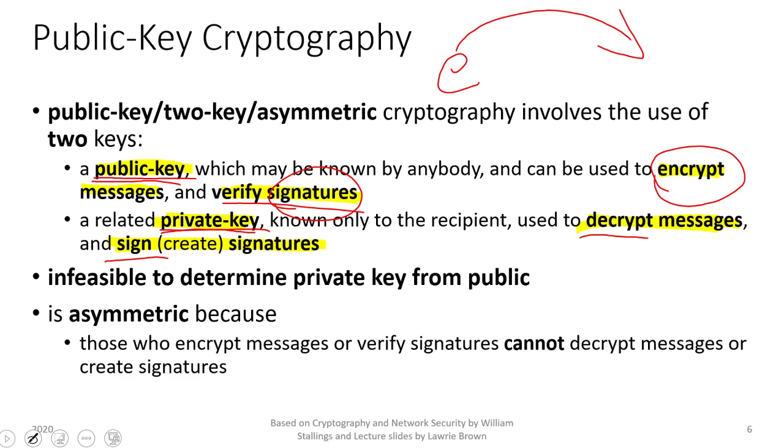They can just use the public key. Similarly, if they need to verify the signature, again they can use the public key. But with only access to the public key, you cannot decrypt or sign. To sign or decrypt, you need the private key. So that is the main thing to remember about public key cryptography.